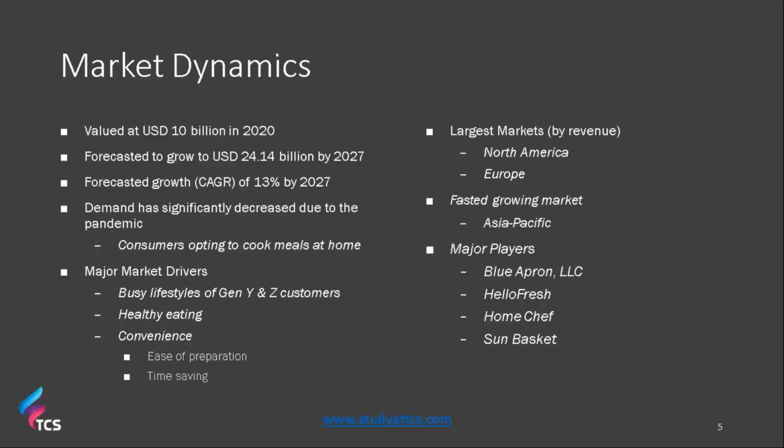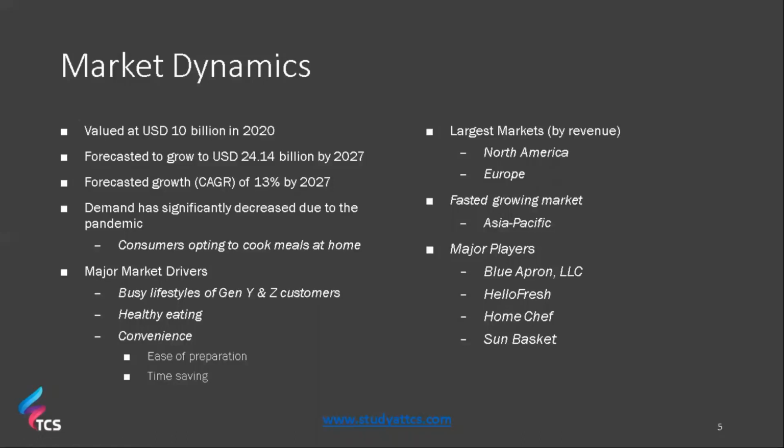So it's forecasted that there would be some growth which is in excess of 10% between 2020 to 2027. So we can see that there's a forecasted growth of 13% by 2027. So this is a moderate level of growth if you really look at it.